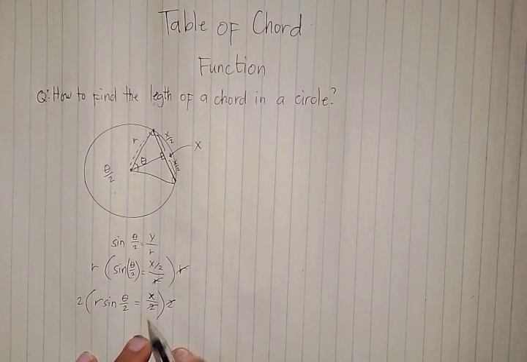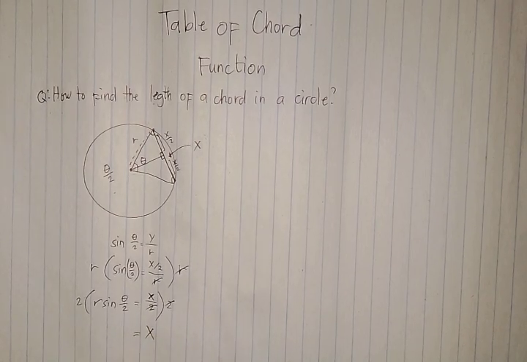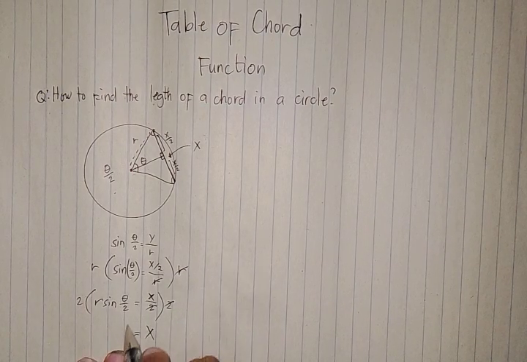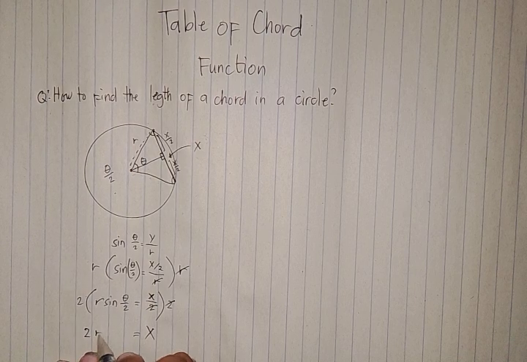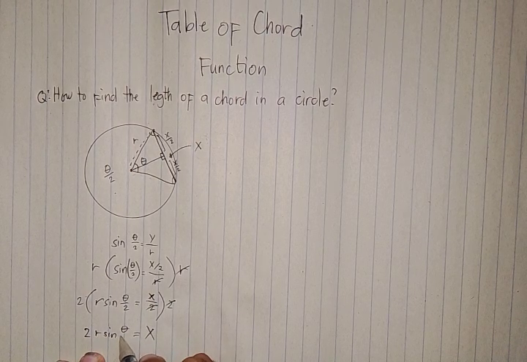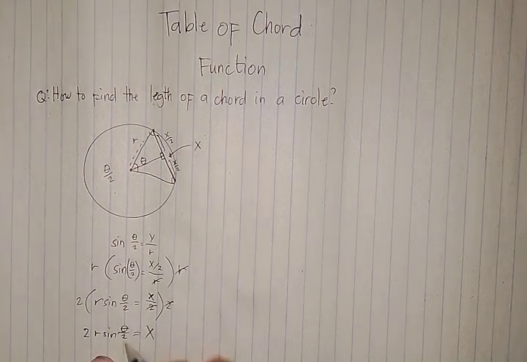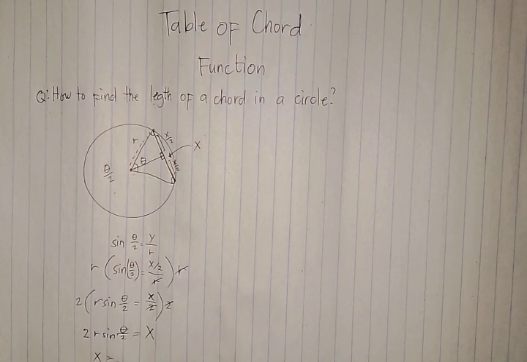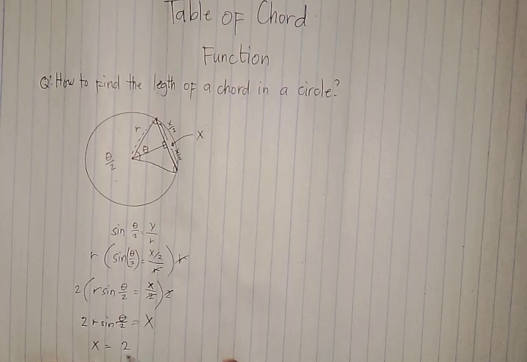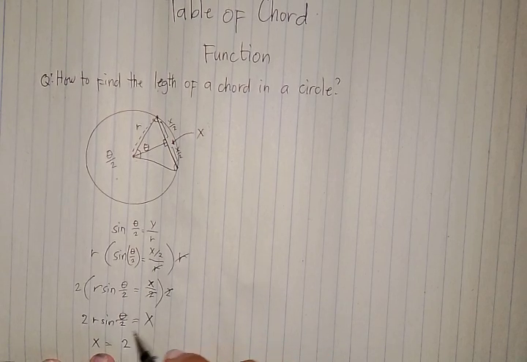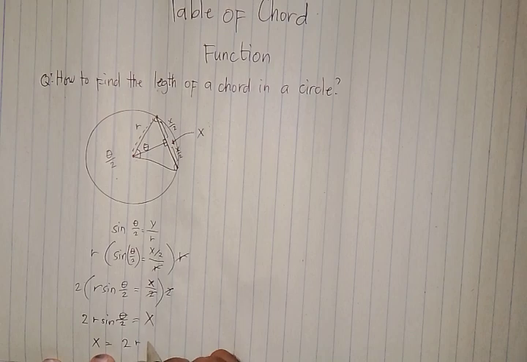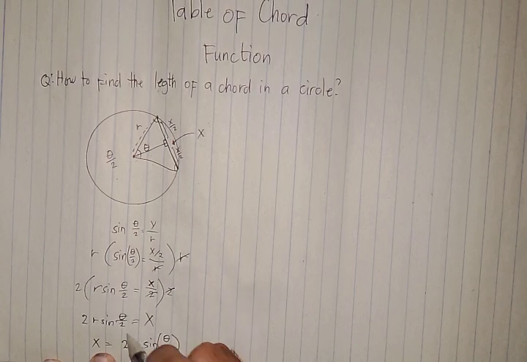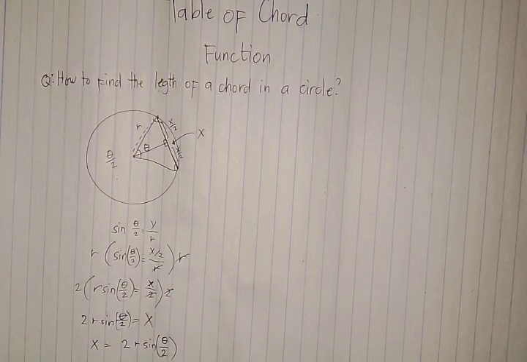So cancel. Now we have x, which is the chord, equal to 2r sine theta over 2. And now we have this formula. We can also put this as x is equal to 2r, where r is the radius, sine, then theta over 2. Just like that, class. So simple.